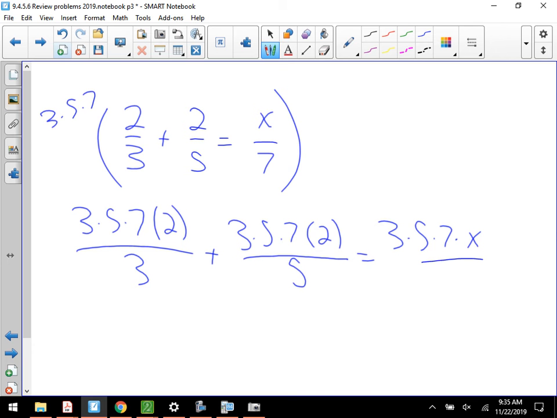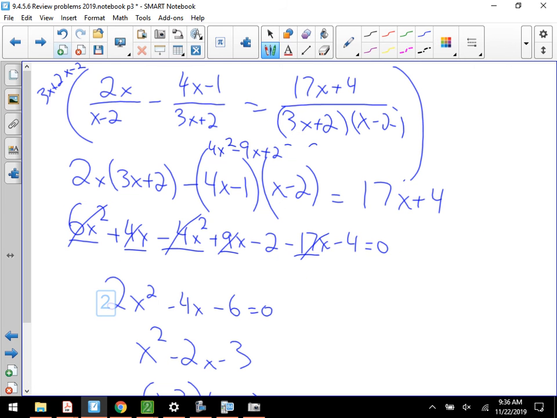Or 7, sorry. So in each one of these, they become their own term. And it's all multiplying. The fractions then go away, because 3 divided by 3 is 1. Okay. 5 divided by 5, and 7 divided by 7. It's the exact same thing, but I'm not writing that step here.